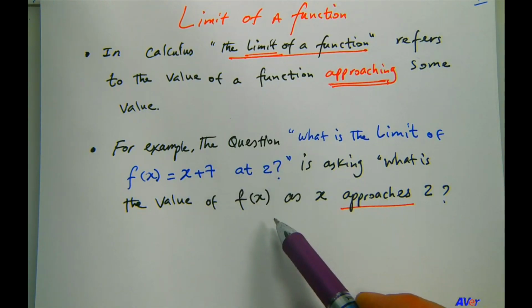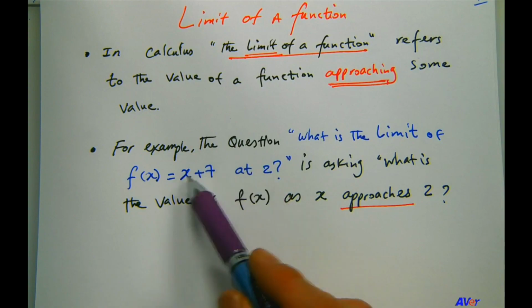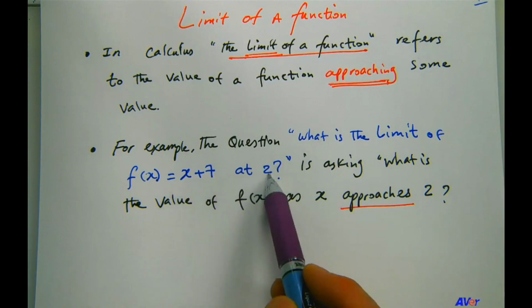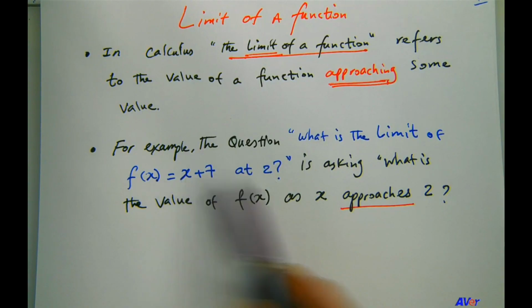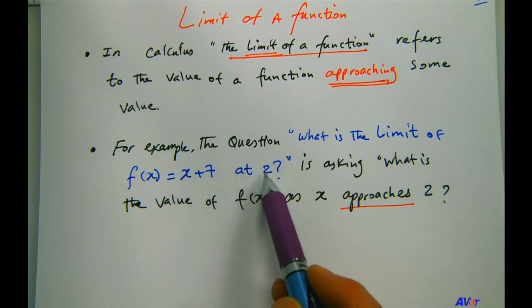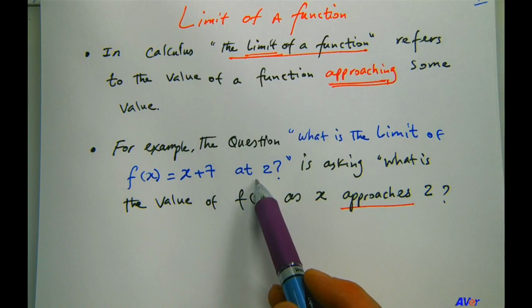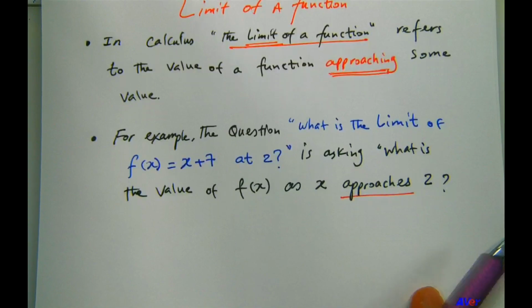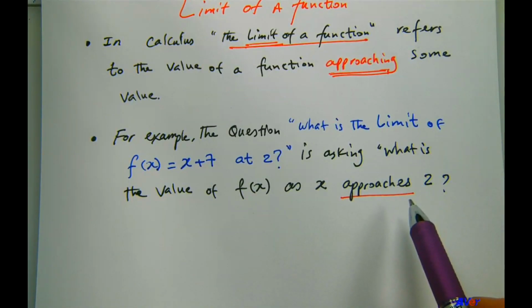It doesn't have to be 2. When we're taking the limit of a function at 2, x does not have to be 2. It could be 1.99999, or it could be 2.11111, very close to 2 on either side, but not exactly 2. And you'll see how that works in half an hour or so.